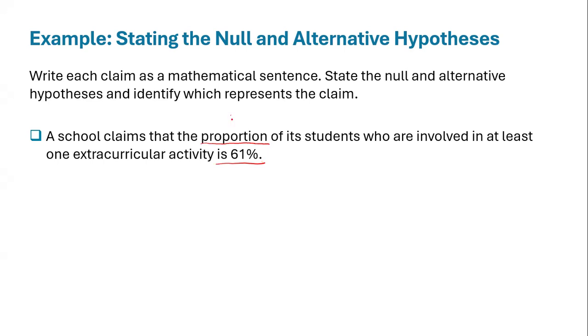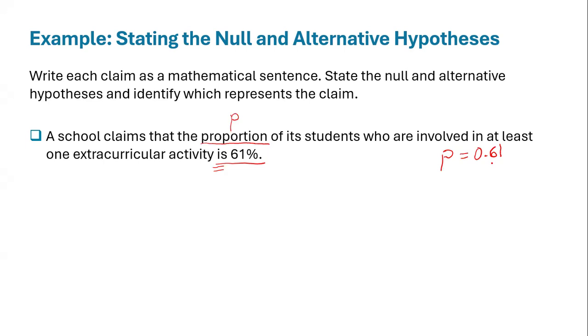Proportion means P. Is means equal to. So the claim says that the P must be equal to 61%, but we never keep the percentage in our writing, so we show it in decimal. So the claim says that the P must be equal to 0.61.